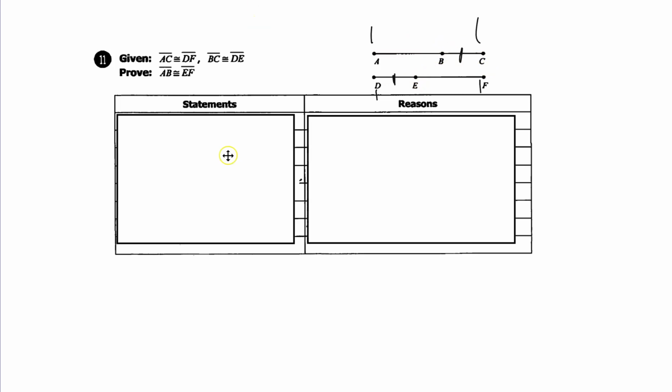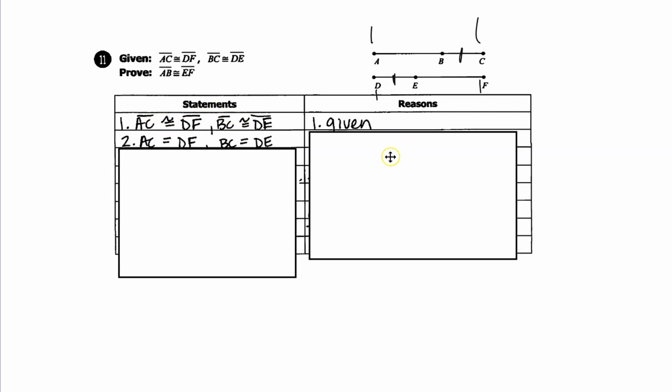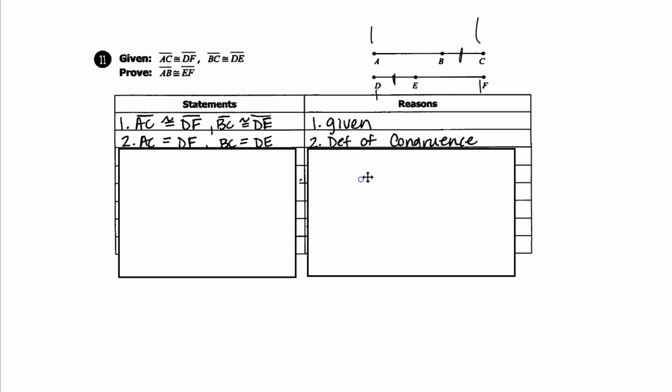So first thing we're going to do is we are going to write down our given. All right, so next thing I would do without looking is I would get rid of these congruent symbols and say they're equal to each other. Oh, matched. And that's just congruence.